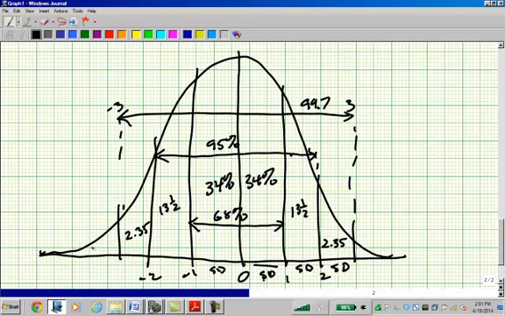And then 0.15% is what's left in each tail.